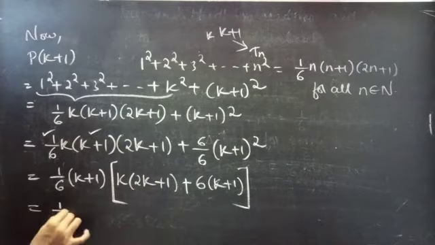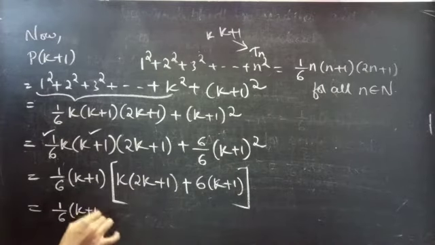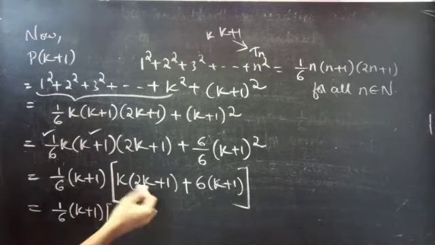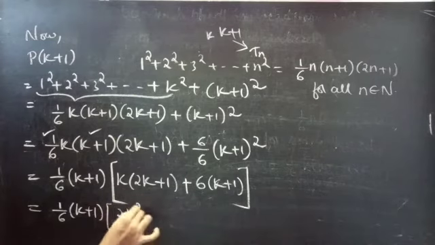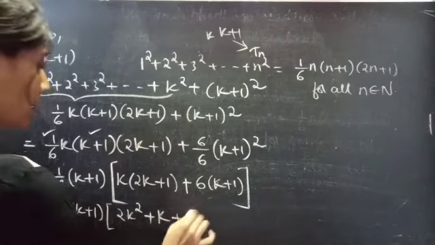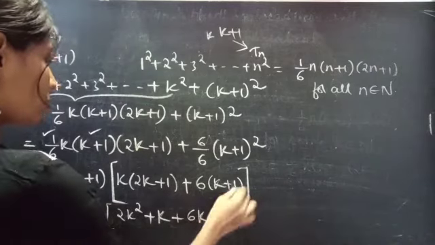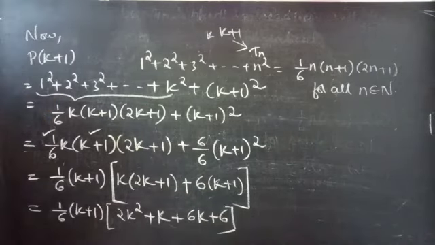Okay. So this equals 1 by 6 into k plus 1 into 2k into k is 2k square plus 1 into k, plus 6k plus 6 ones are 6.